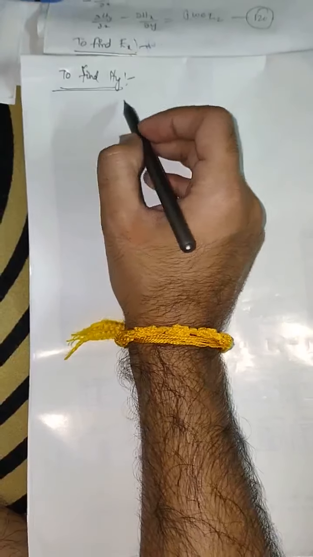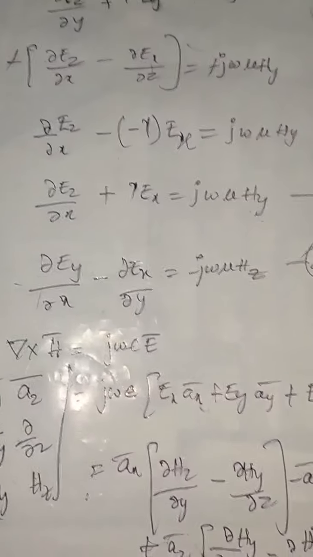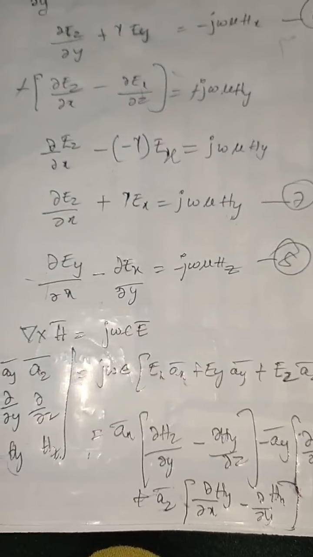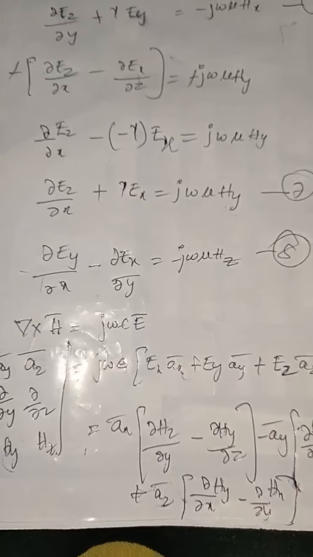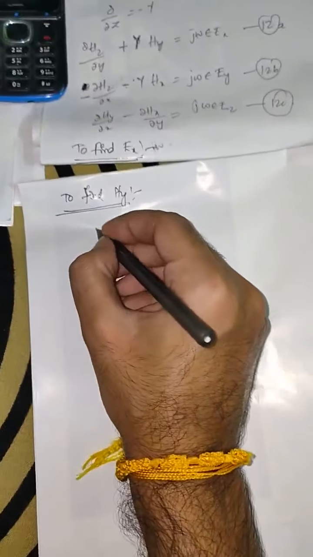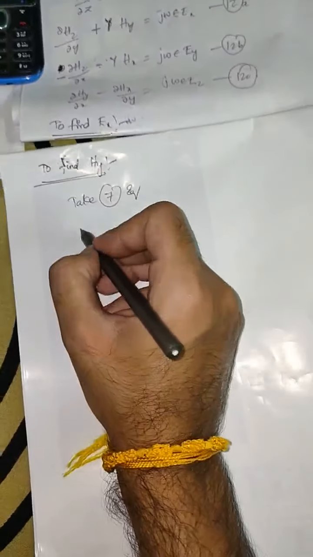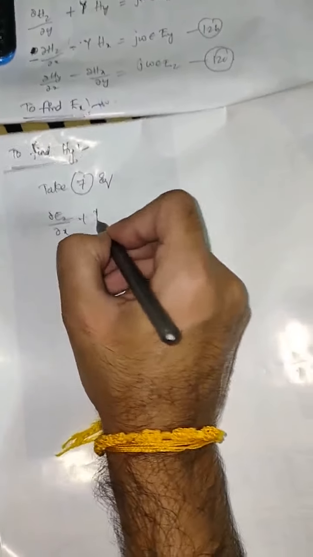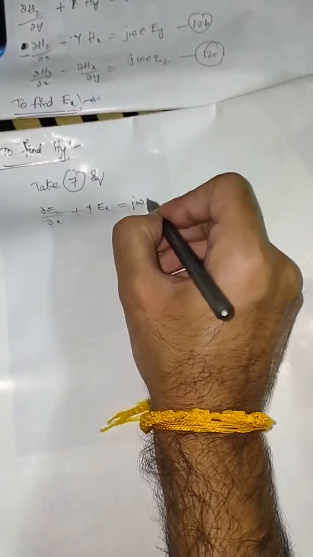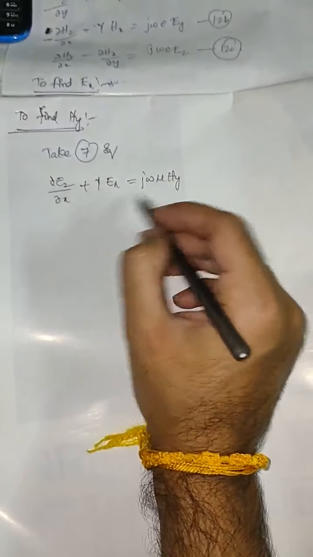In order to find Hy, first you must take the seventh equation. The seventh equation is written here: ∂Ez/∂x plus γEx is equal to jωμHy.